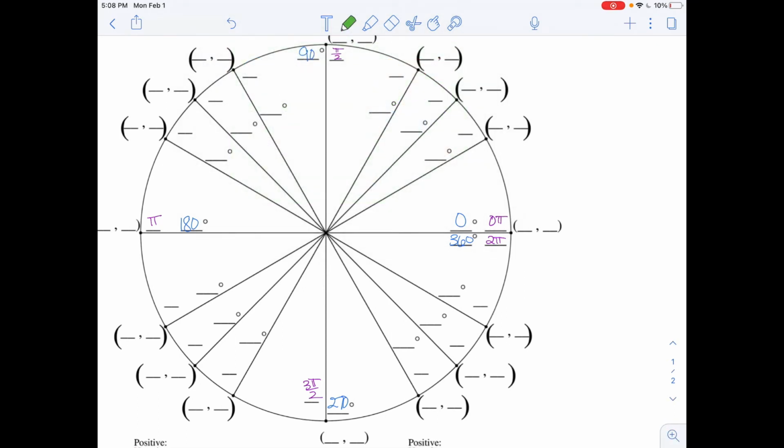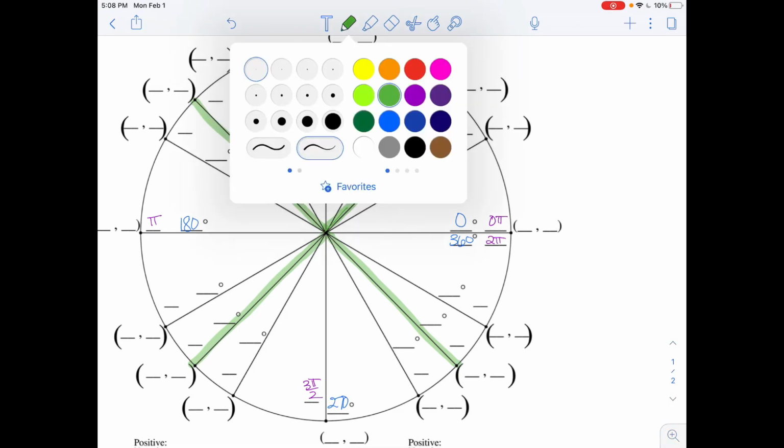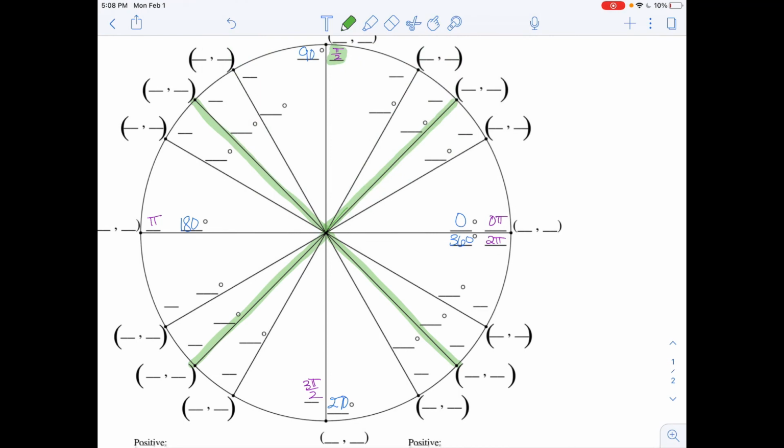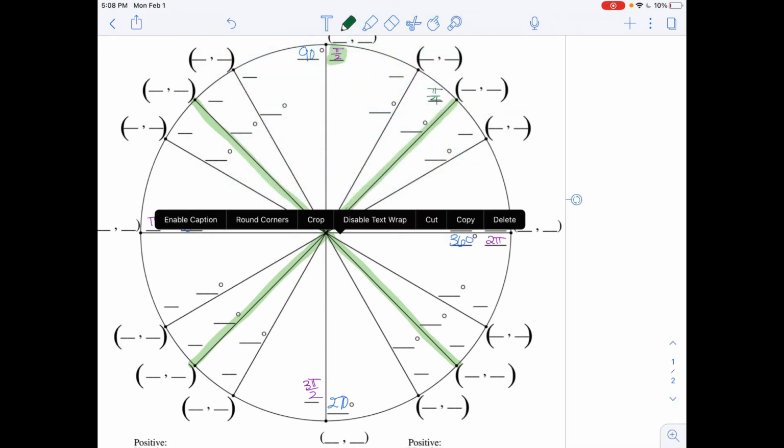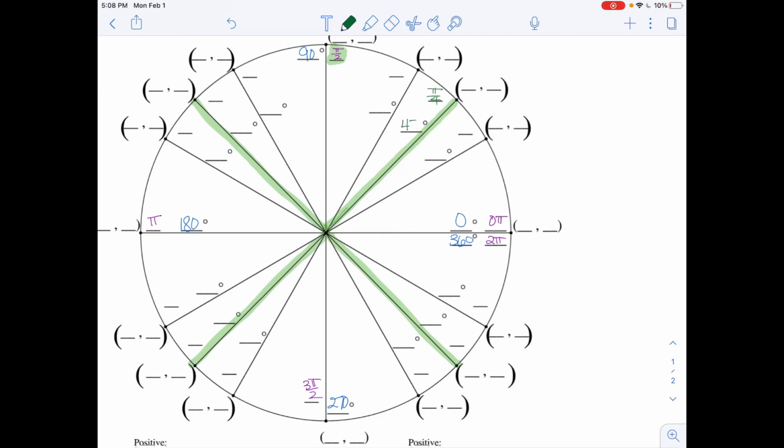So I'm going to use this middle line here. I'm going to highlight it with green. So these green lines are exactly half of each of the quadrants. So half of pi over 2 is really pi over 4. So we know in radians, and I'm going to put this in dark green, that's equivalent to pi over 4, and in degrees this is 45 degrees.